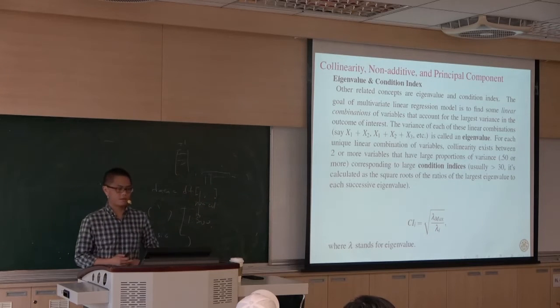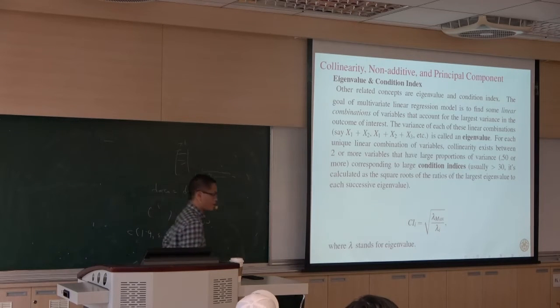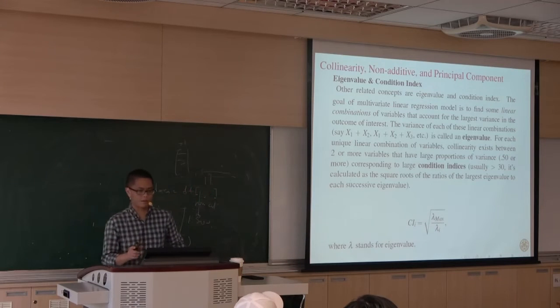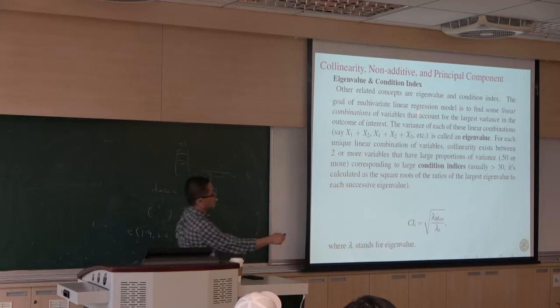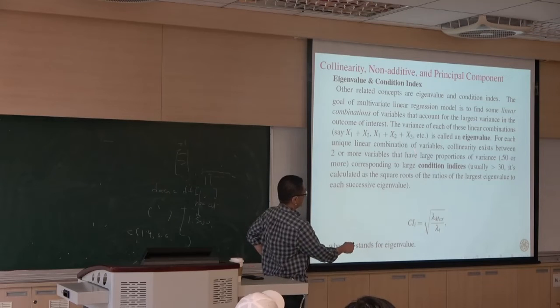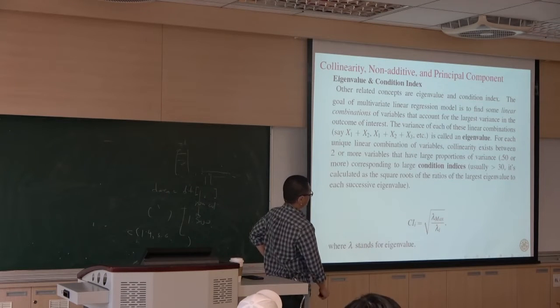An eigenvalue is simply the variance of a set of possibly correlated variables. That is, the variance of each of these linear combinations of variables is called an eigenvalue.